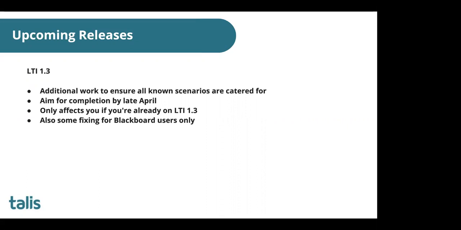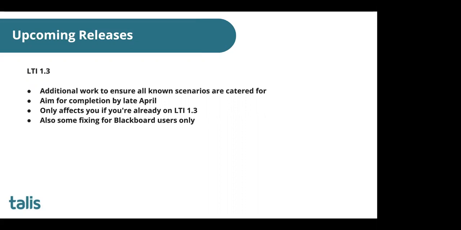We have actually had to return to this over the last few weeks because, as it says on the slide, essentially we're doing a little bit of additional work with LTI 1.3 at the moment to ensure that all known scenarios are catered for, because as you probably know, there are a number of different ways you can choose to roll lists over in Talis Aspire.